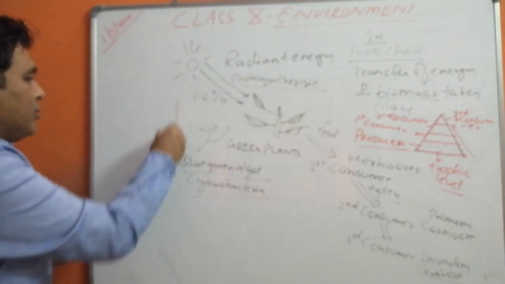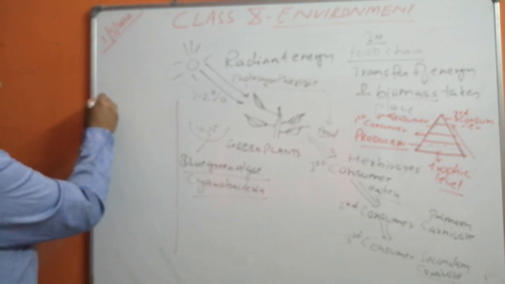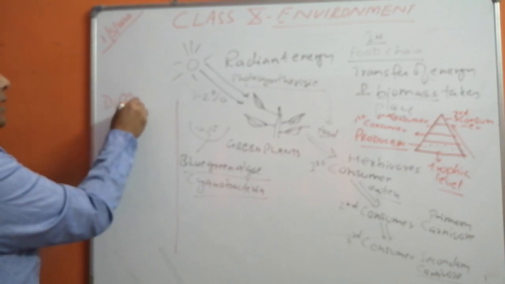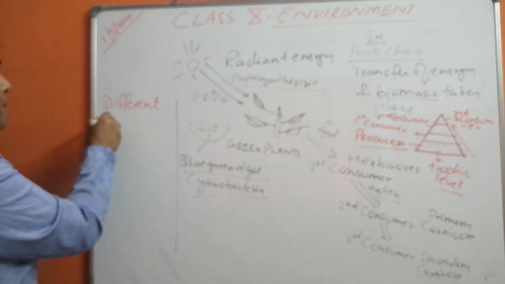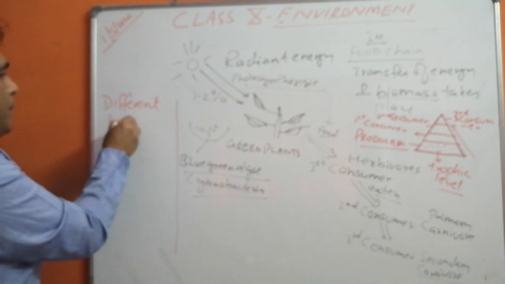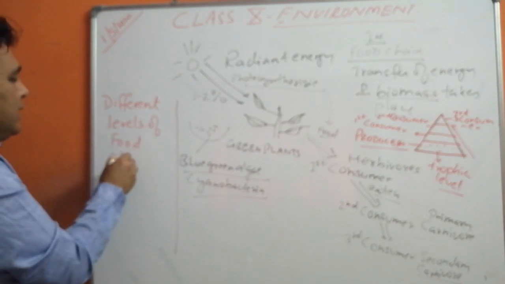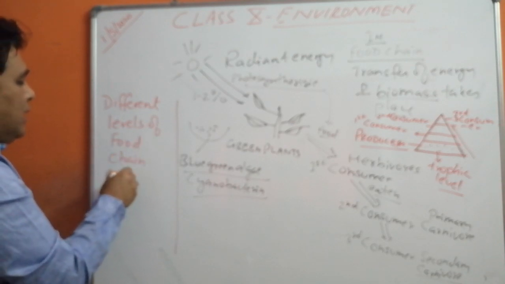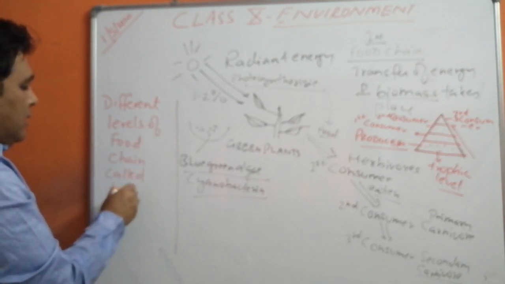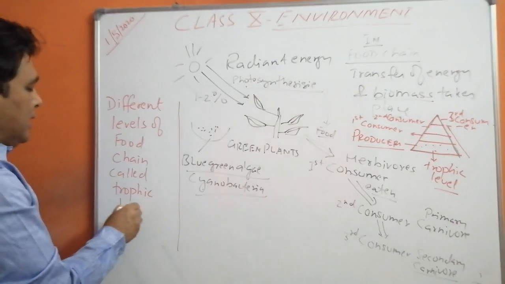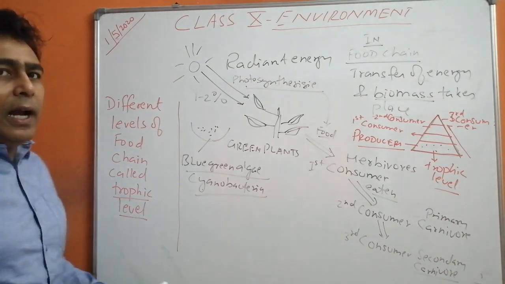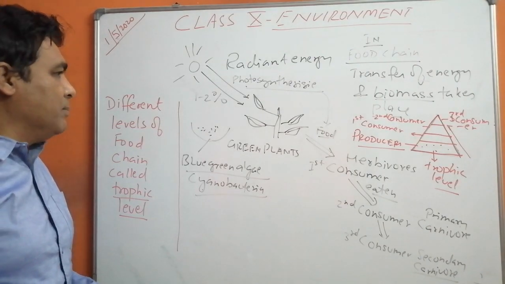Now here I am going to write different levels of food chain called trophic level, and they have a number of organisms in them.